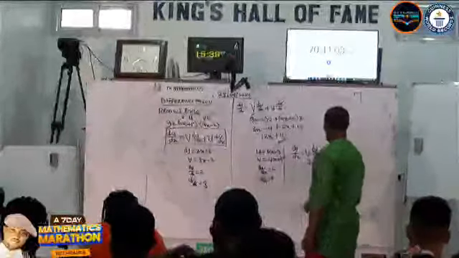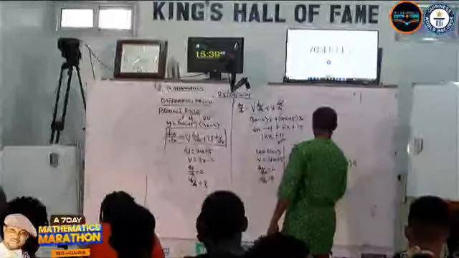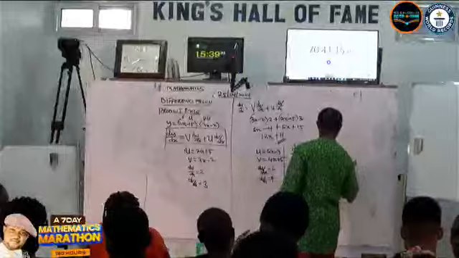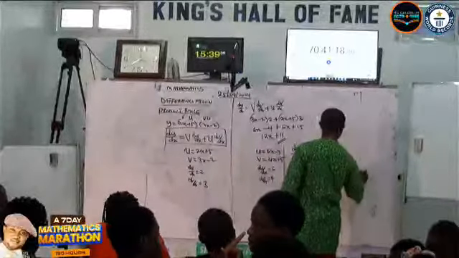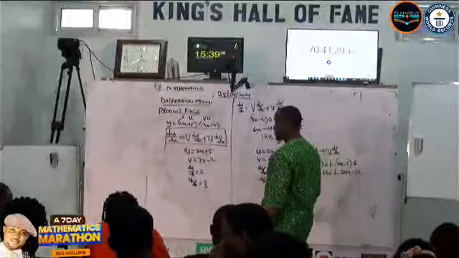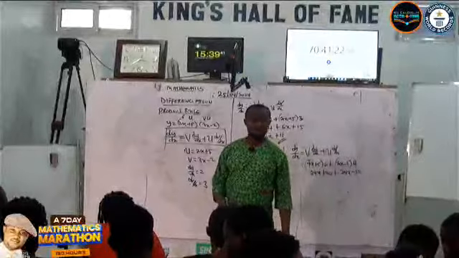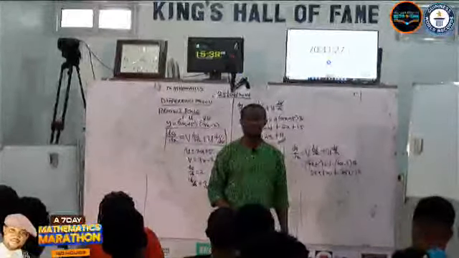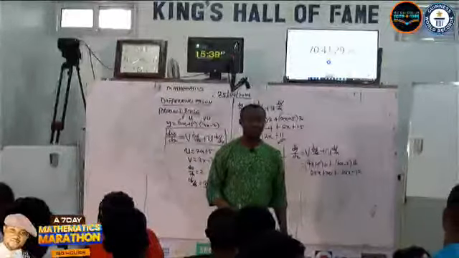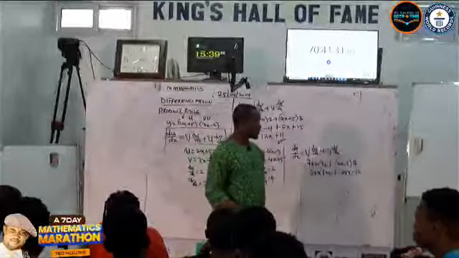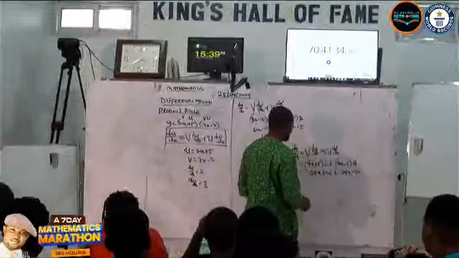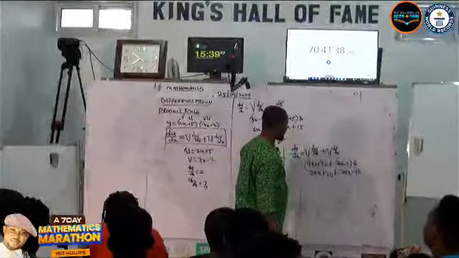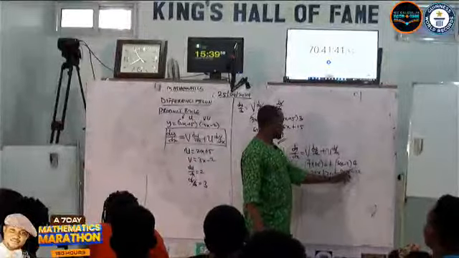So 6 times 4 plus 20, 24x minus 12. Is that what you have? Yeah, you are correct. This is 24 minus 12, right?